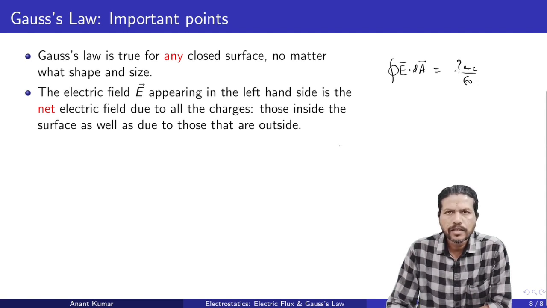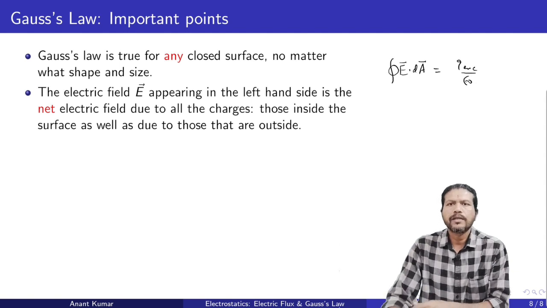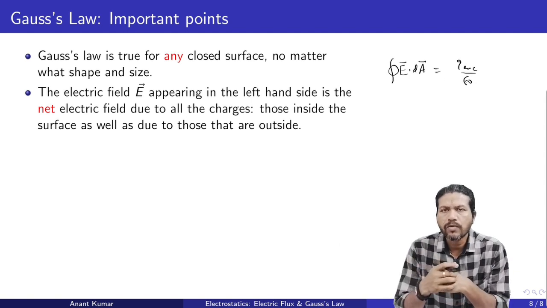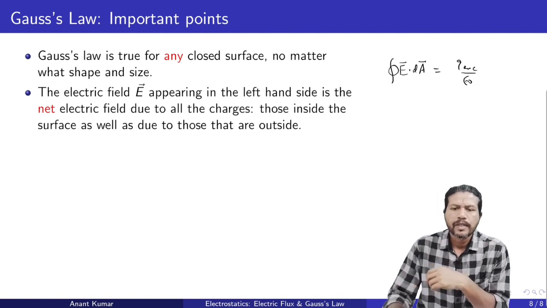So all the charges contribute to the electric field which appears over here. However, the right side contains only the enclosed charges. The right side doesn't contain whatever is outside. If something is outside, it doesn't appear in the right side.